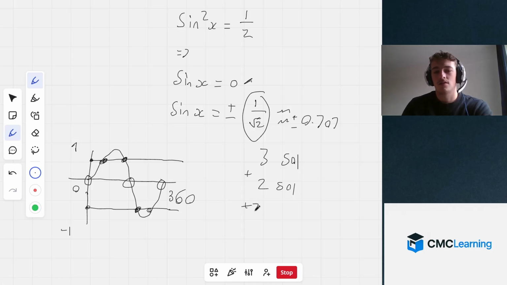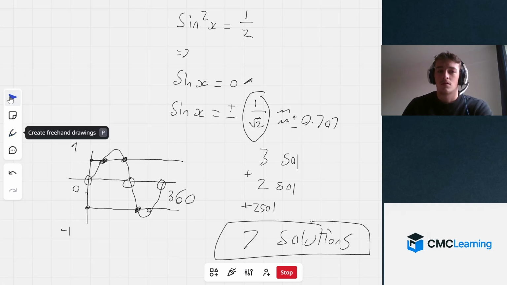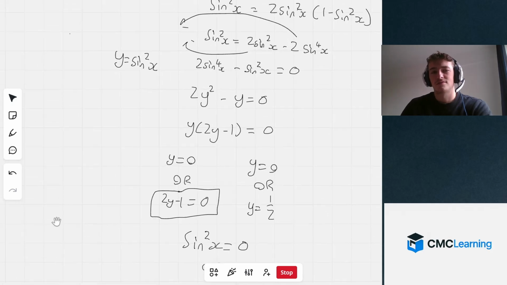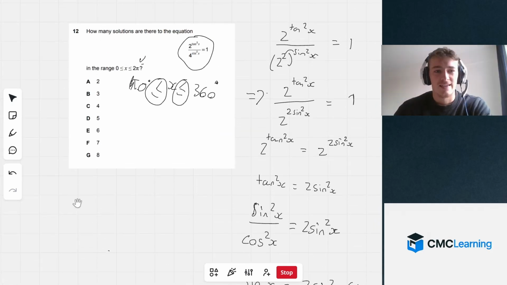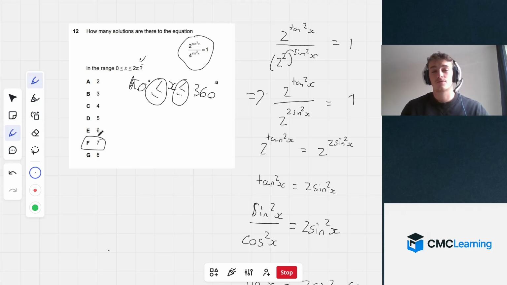So that's another 2 solutions. So we have counted 7 solutions, 3 plus 2 plus 2. And this is where you check the answers and the options and you hope to God it's an option, and it is. And that is the answer. There are 7 solutions to this equation.